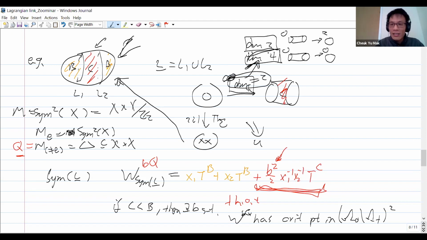And in higher dimension, for example, the Maslov 0 annulus will go to a Maslov -2 disk if your ambient manifold is dimension 6. Mm-hmm. Yeah. Thank you very much.